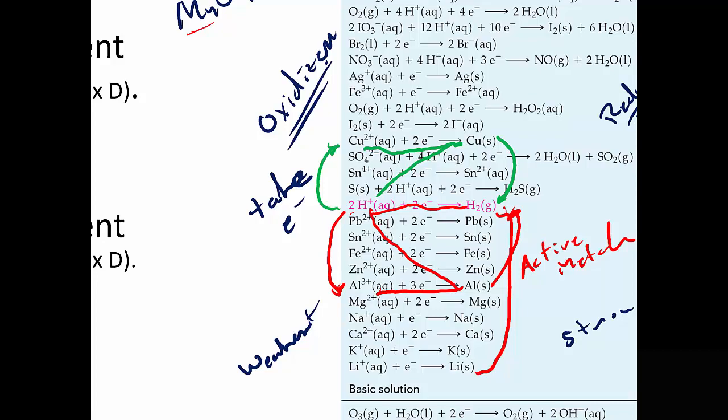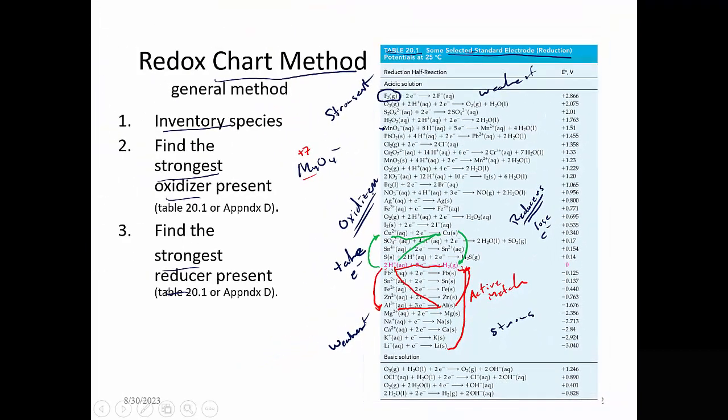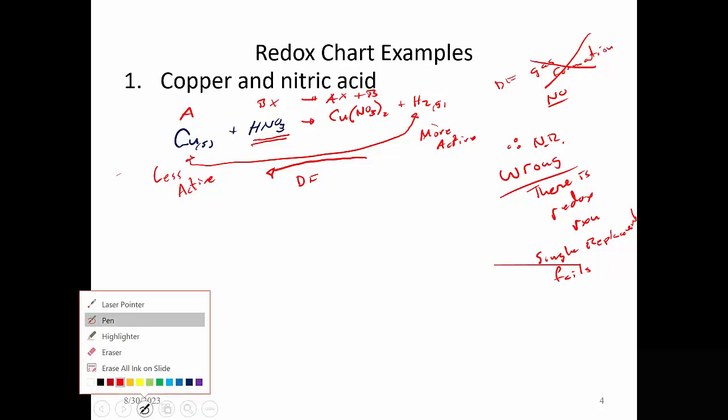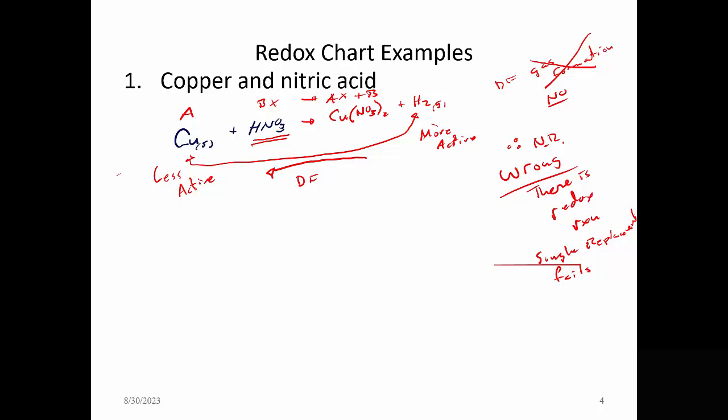And then there are other exceptions. But, you know, instead of memorizing the exceptions, we have an alternate method. And the alternate method is called the chart method. Now, the chart method isn't really discussed in the book as a separate section.